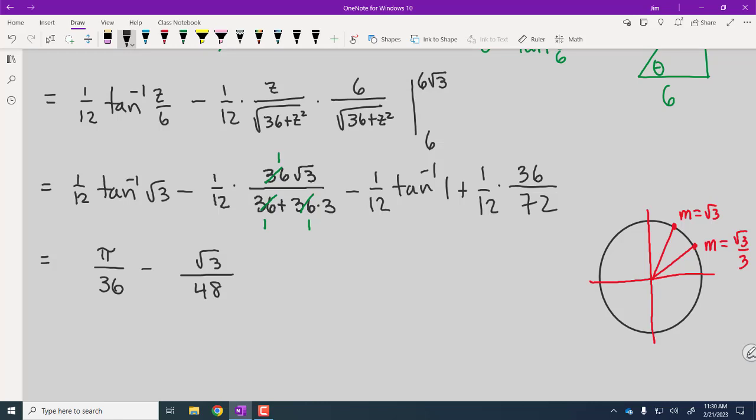Okay. And you already told me that this is pi over 4, so that's minus pi divided by 48. And then this would be plus, the 36 goes into here once, it goes into there twice. So that's 1/24.